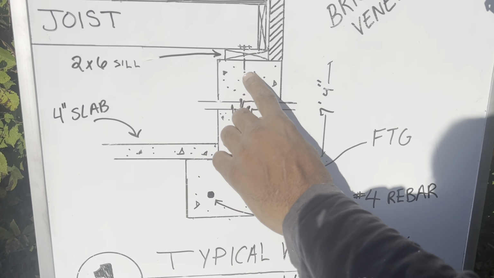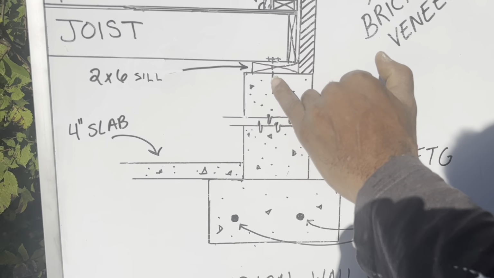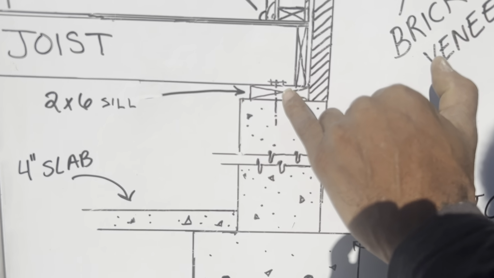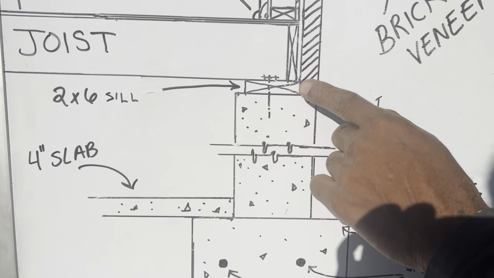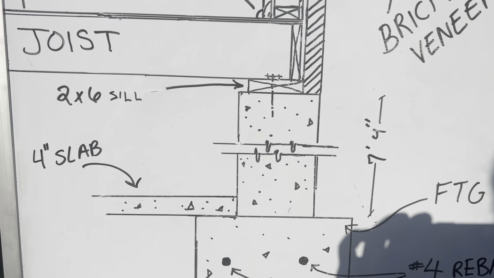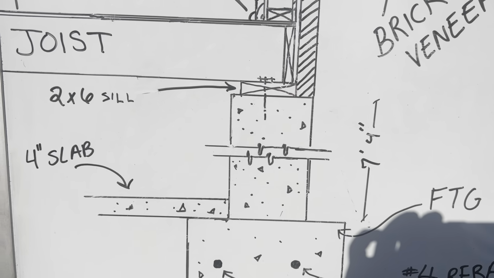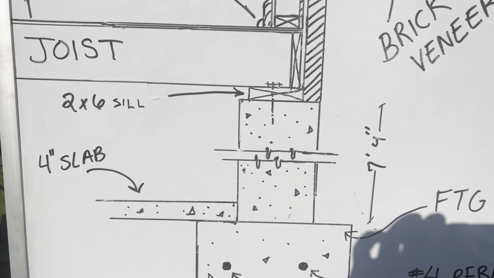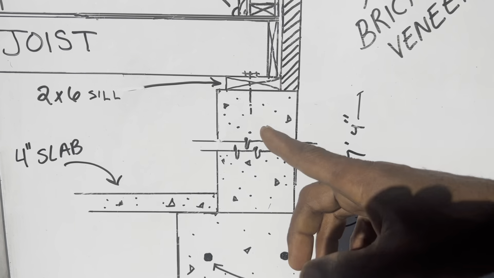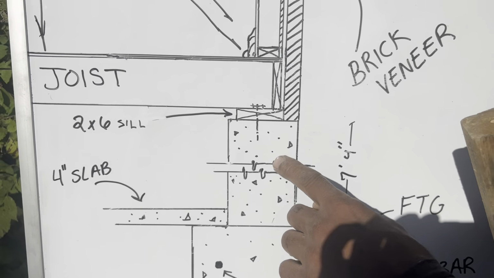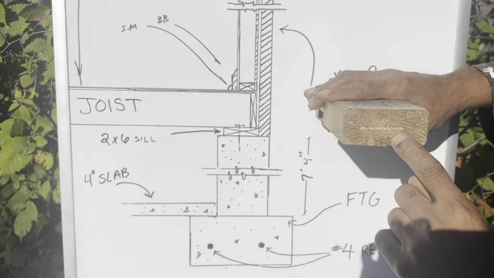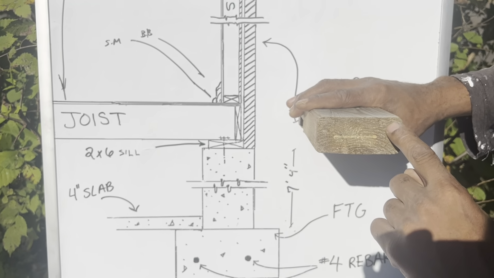Now, if you look right here, attached to the foundation wall is a sill plate, which is a 2x6. Let me come over to this side and get some right quick. Hold up. So you have a 2x6 right here, and that's the end grain. So let's say the X is right here.